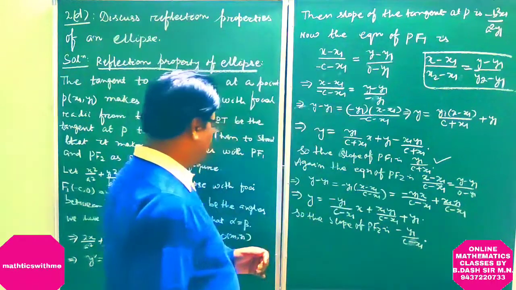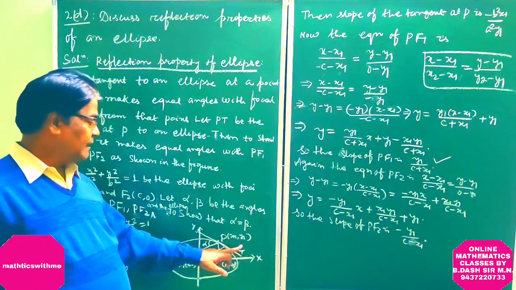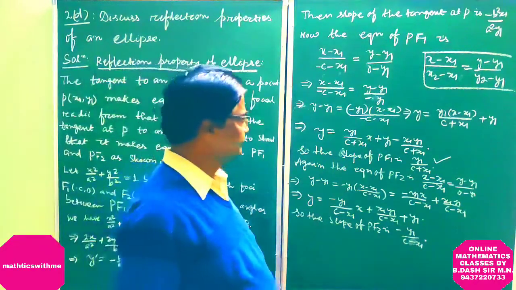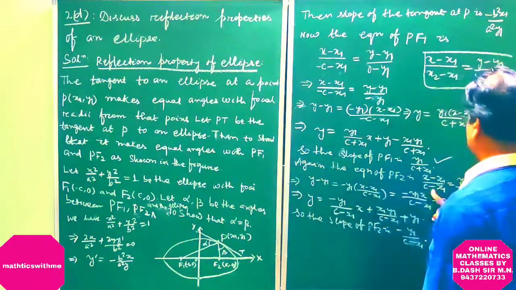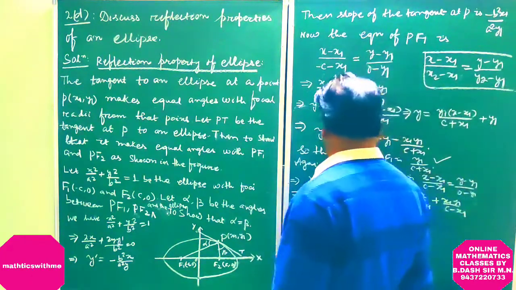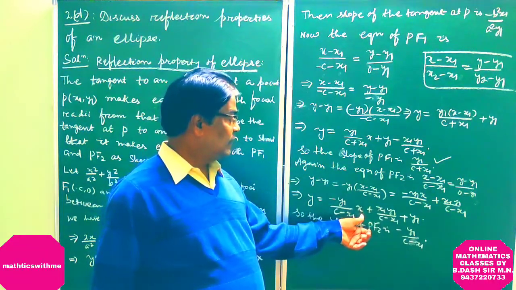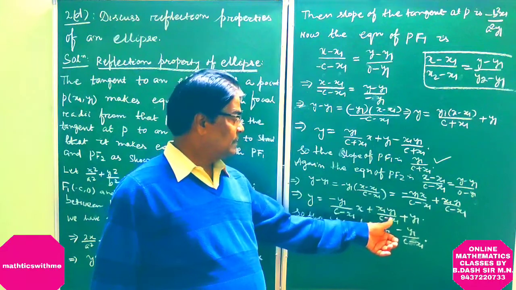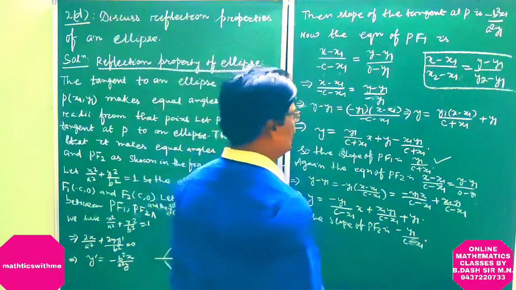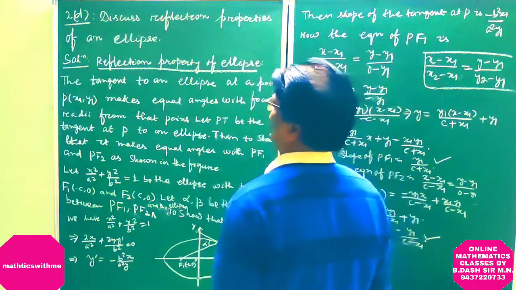Again, the equation of the line PF2, with the coordinates P(x1, y1) and F2(c, 0), is (x − x1)/(c − x1) = (y − y1)/(0 − y1). Solving, we get y = −(y1/(c − x1))x + x1y1/(c − x1) + y1. So the slope of PF2 is −y1/(c − x1).